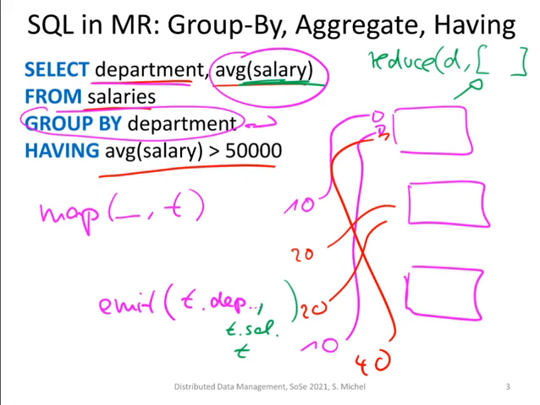This will be the average for this department. And if this average is larger than 50,000, then we emit the department ID and this average. Otherwise not. And this is how you're implementing this query in MapReduce.